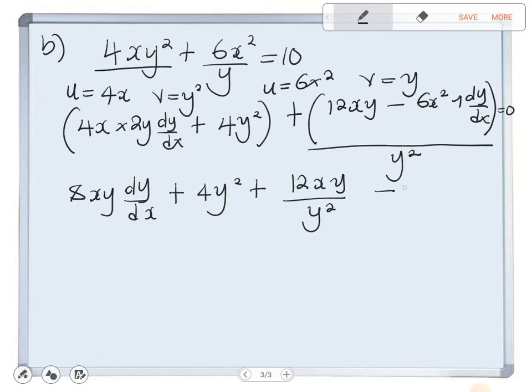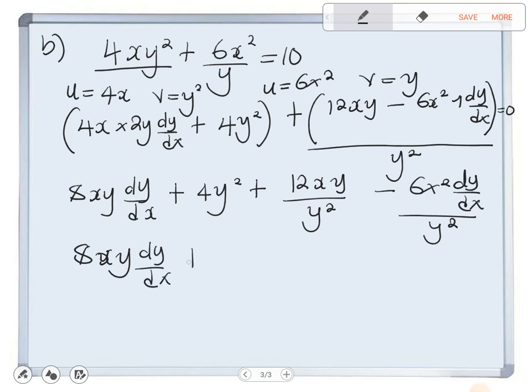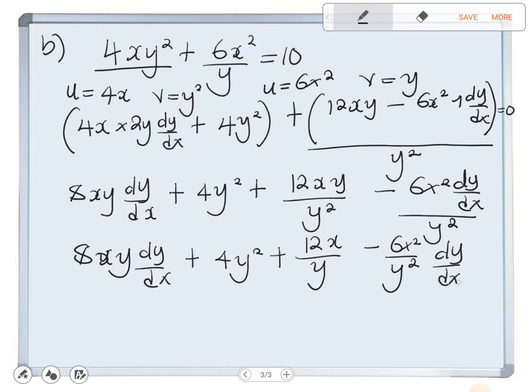Our main aim is to take out dy/dx, and we are going to do that slowly. So we have 8xy dy/dx plus 4y squared plus 12x over y minus 6x squared over y squared dy/dx equal to 0.